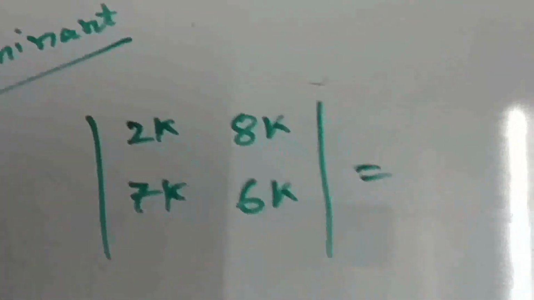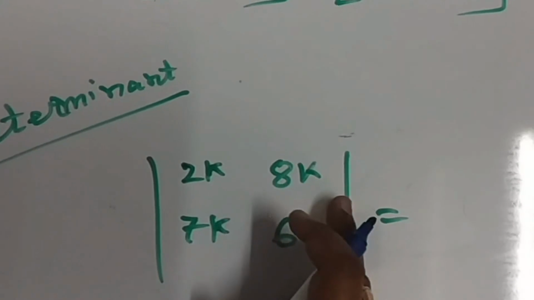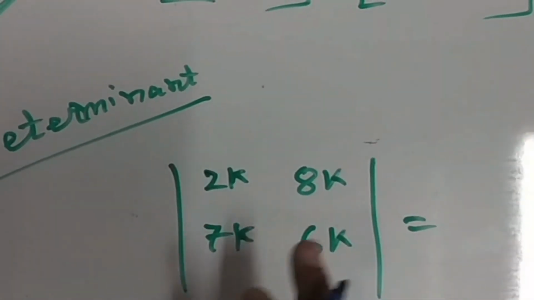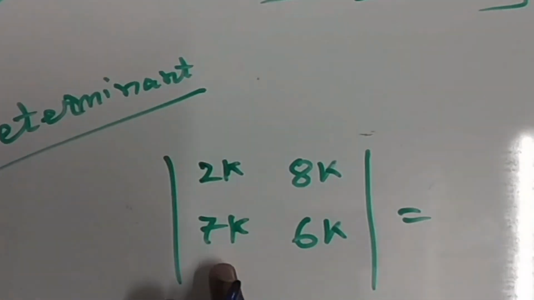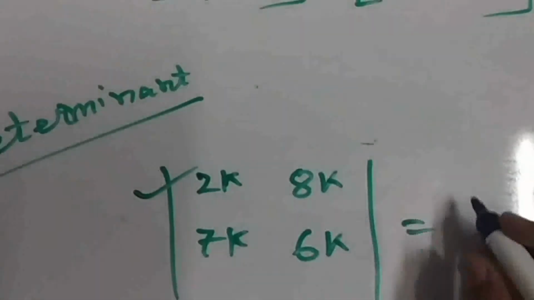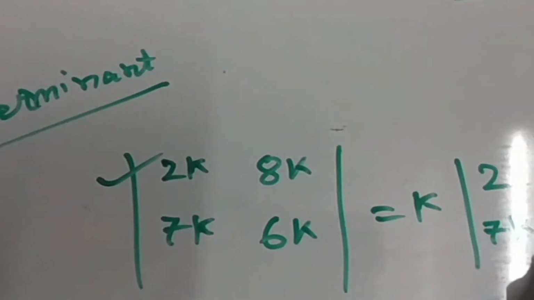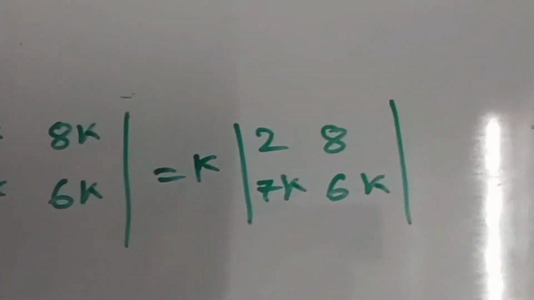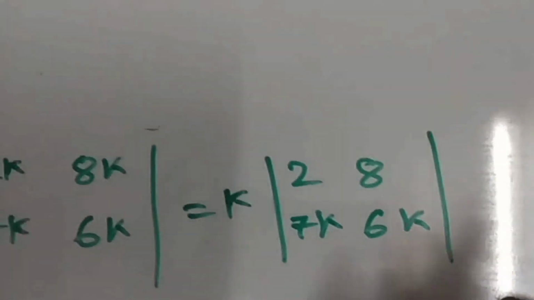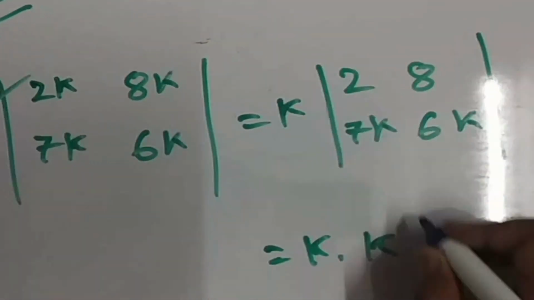You can take common from the first row, then the second row, or you can take common from the first column, then the second column. Taking k common from the first row, 2, 8, 7k, 6k are left. Again taking k common, it will be k into k, with 2, 8, 7, 6.